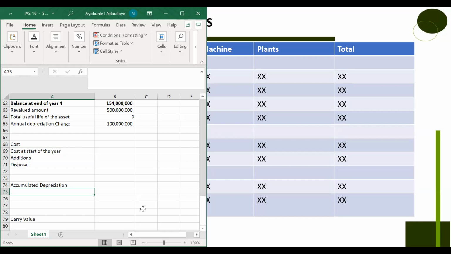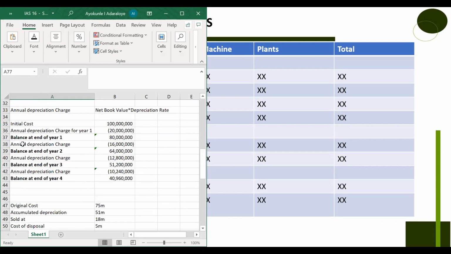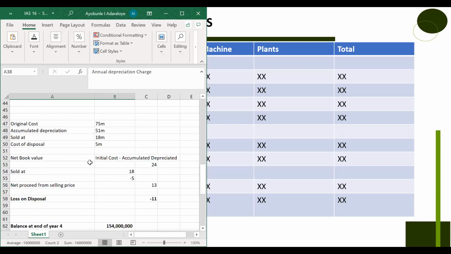For our accumulated depreciation, I don't want to show you my screen. I want to know if you know that now. For our accumulated depreciation, what do we do? At the start of the year, value at start of the year, then depreciation charge for the year. You know that depreciation charge we were calculating, when we were saying depreciation for year one, that is where it will come in.